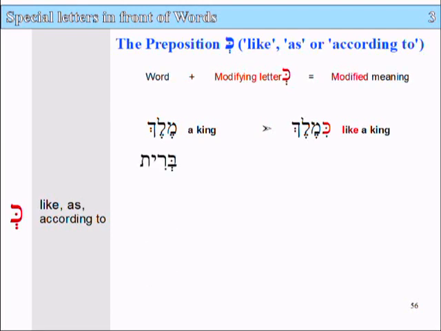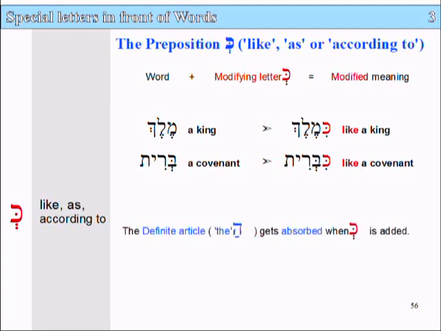Another example, if we take the word for a covenant, berit, and we add the kaf to the front of it, we have the word kibrit, like a covenant. Can be also as a covenant, or as a king, or according to a king, and so forth.